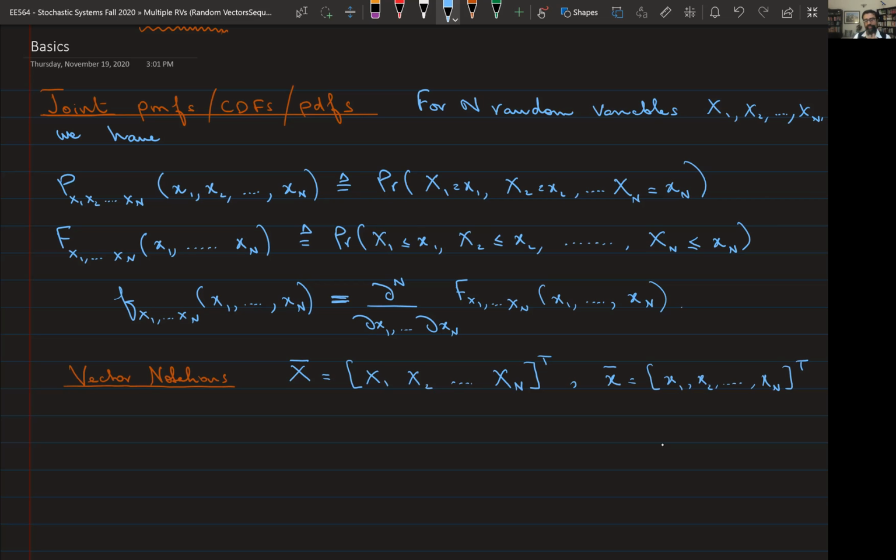Now, given this notation, we can use a notation, for example, f of the random vector capital X bar evaluated at small x bar. So this is just a shorthand notation for this thing.